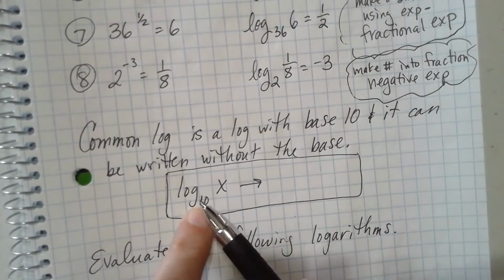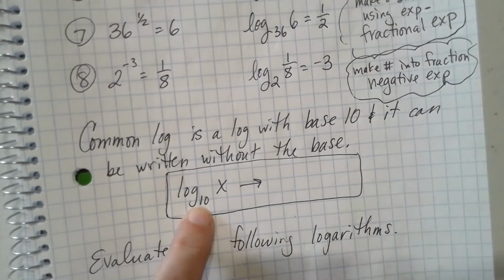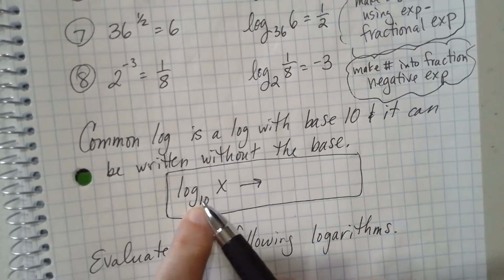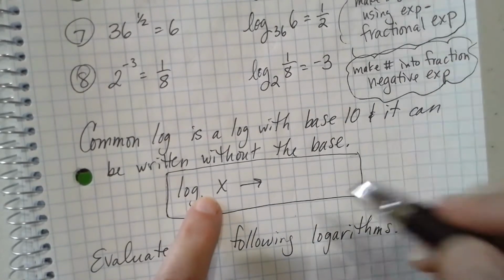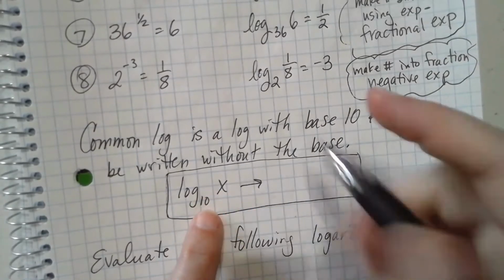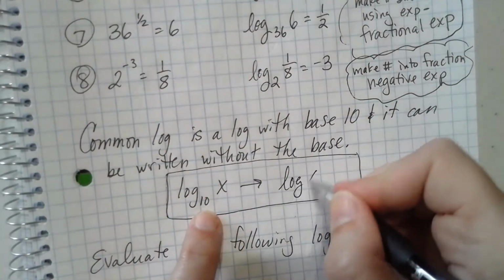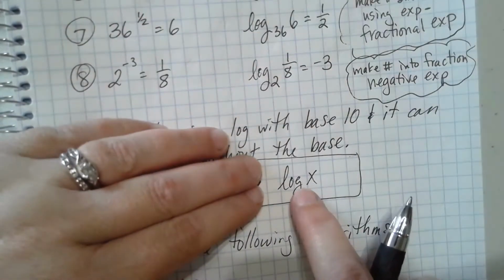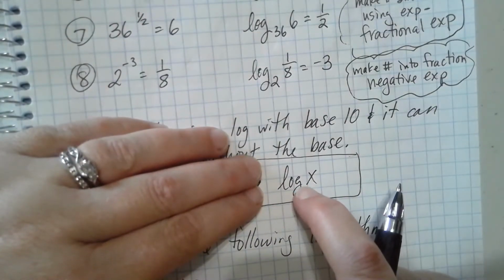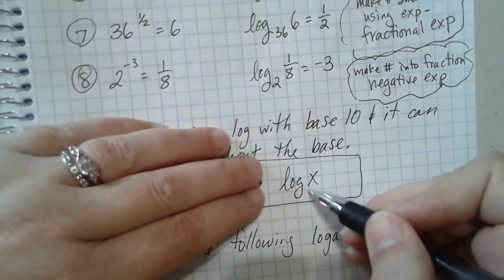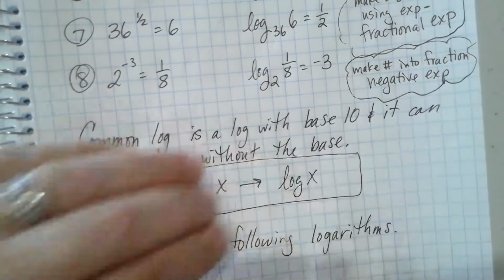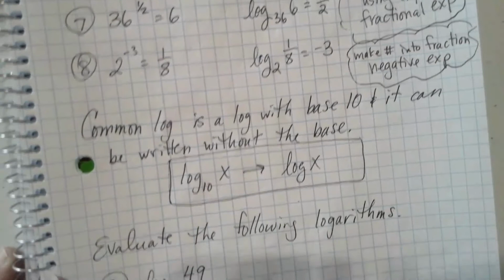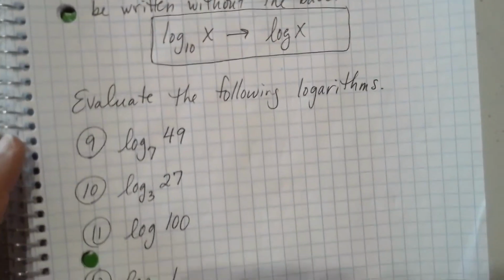But if it's base 10, because it's common and that's the one that we use all the time, we can write it without the base, which is this number right here. So log base 10 of x is the same as log of x. So if you ever see something written like this where there's no base number in there, you can just go ahead and put a 10 in there if it makes you happy, okay? Or understand that it's just base 10 because that's our counting system that we use.